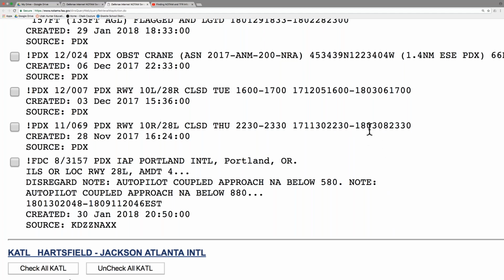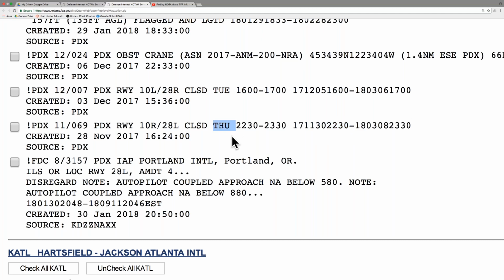So remember that the first two numbers are the last two digits of your year. The second two numbers are your month. The third set of two numbers is the date. And then the last four is your Zulu timestamp.